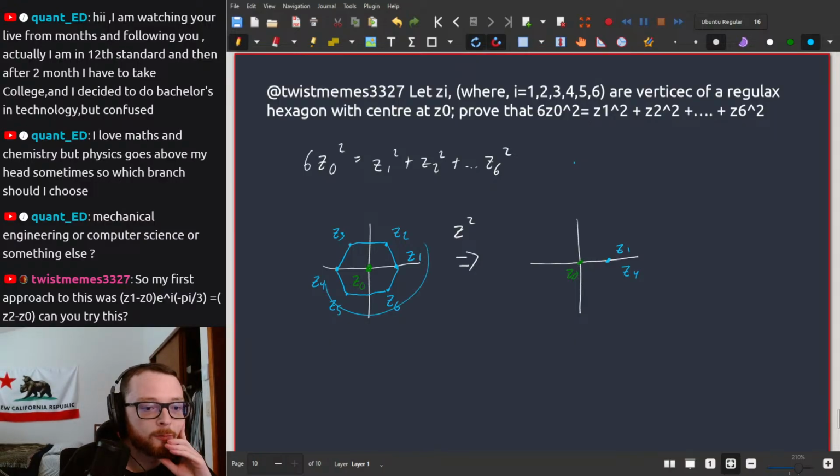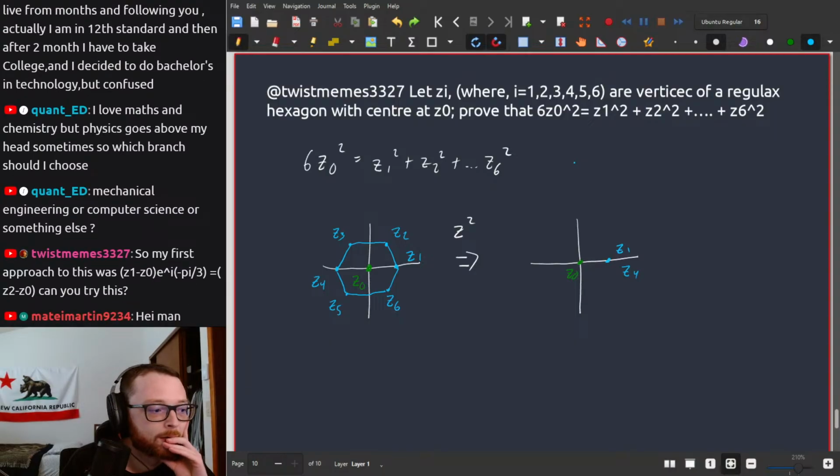So if we square all these points, I'd rather do this first though. I think it's going to end up being really similar, but I think this is just simpler to think about.